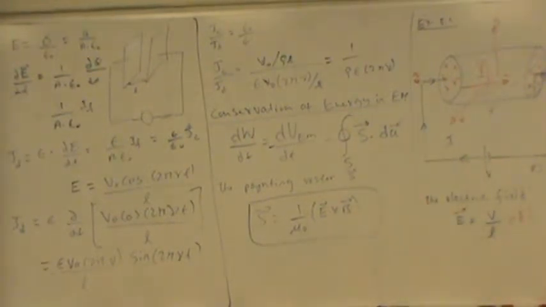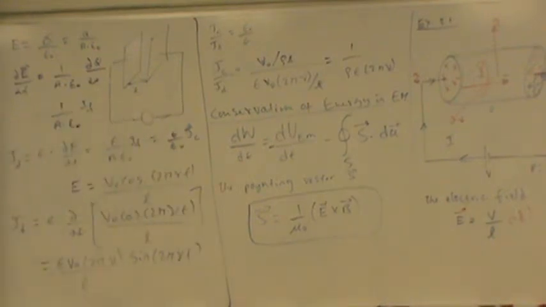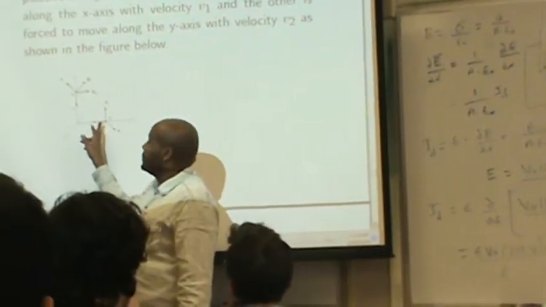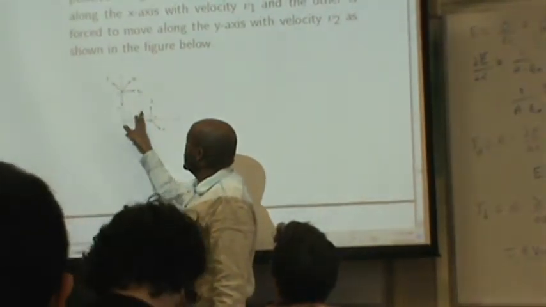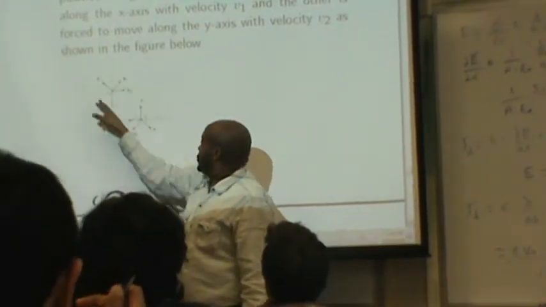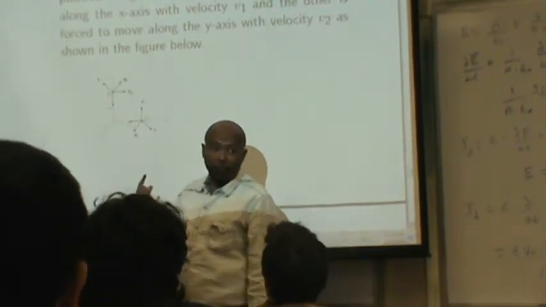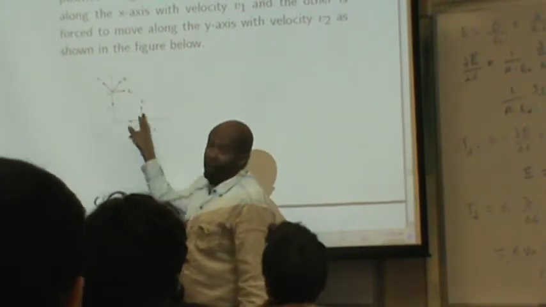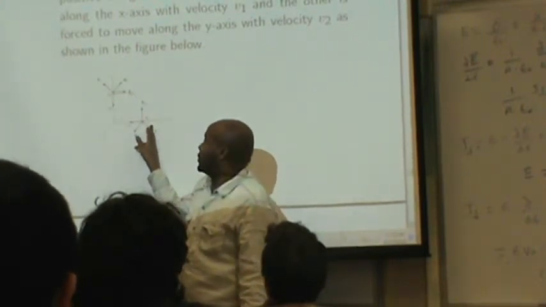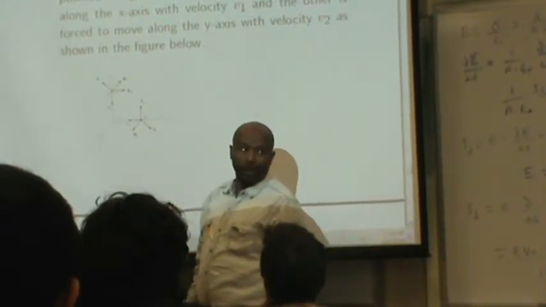But here, if we consider these 2 point charges, charge Q1 and charge Q2, the electrical force here is in the opposite direction. So the net internal force of this two-particle system is going to be 0 for the electrical part, assuming both of them are positive. This one pushes that one, so the net force is 0.